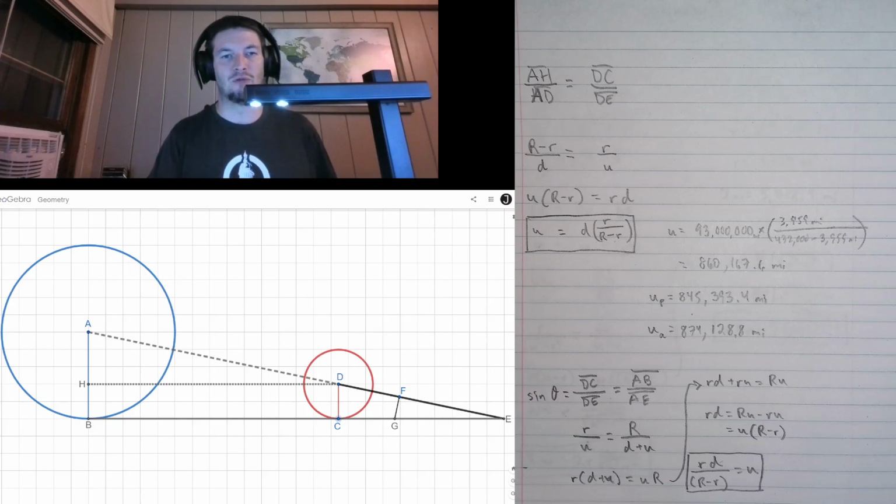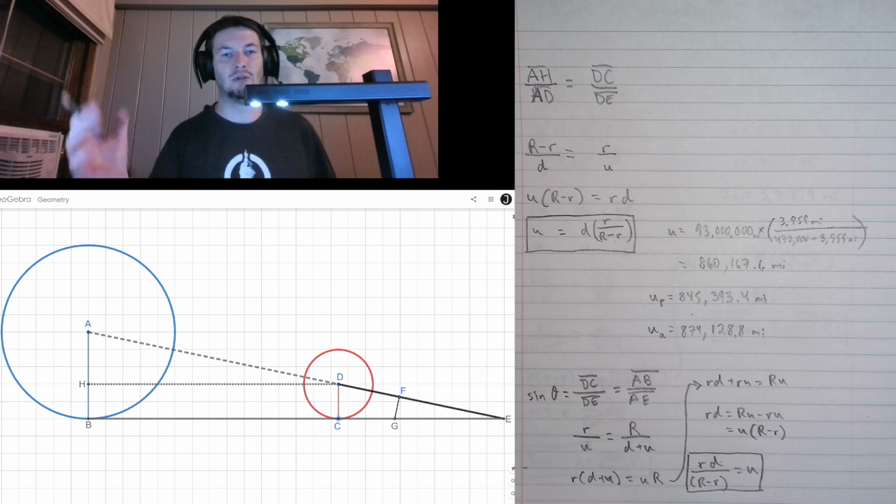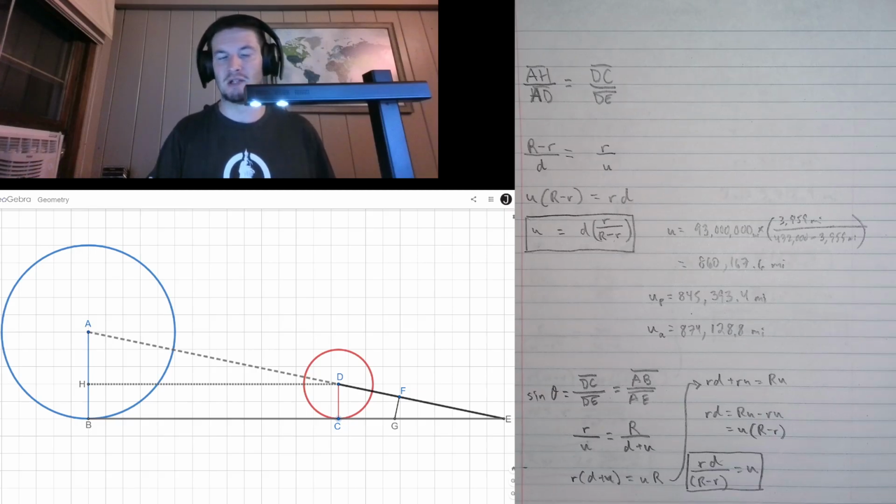We can use it for determining the size of the Earth's umbra during a lunar eclipse. So there you go. I hope this was interesting. I hope you could follow along with what I was doing. This isn't incredibly difficult math.